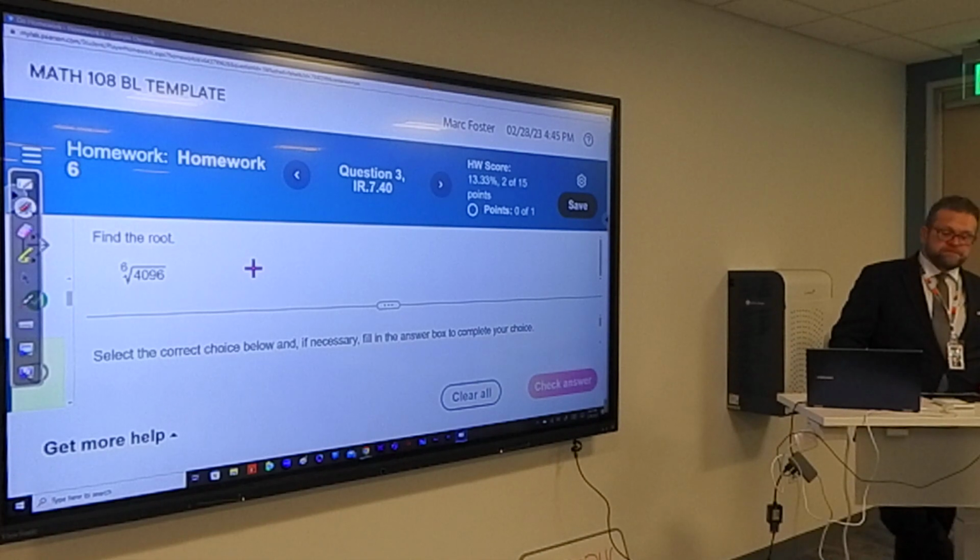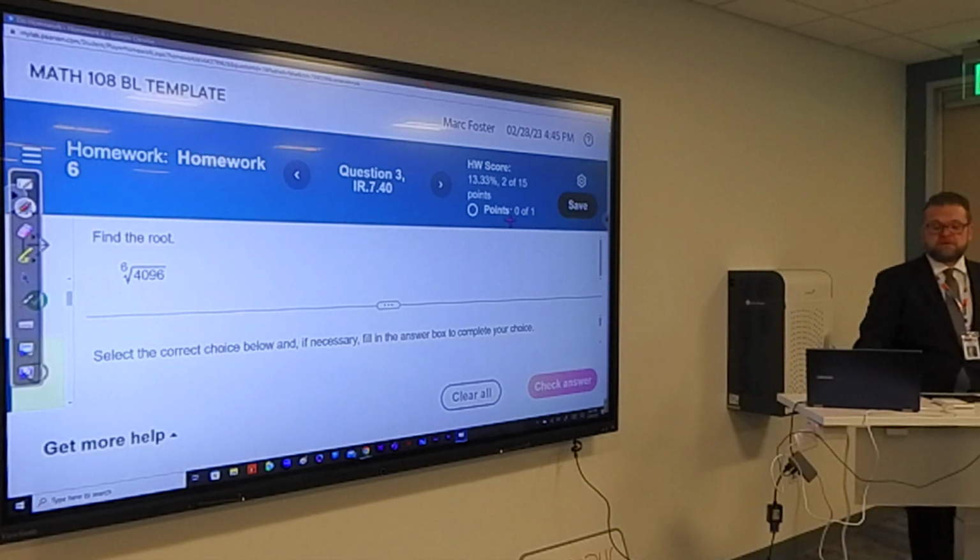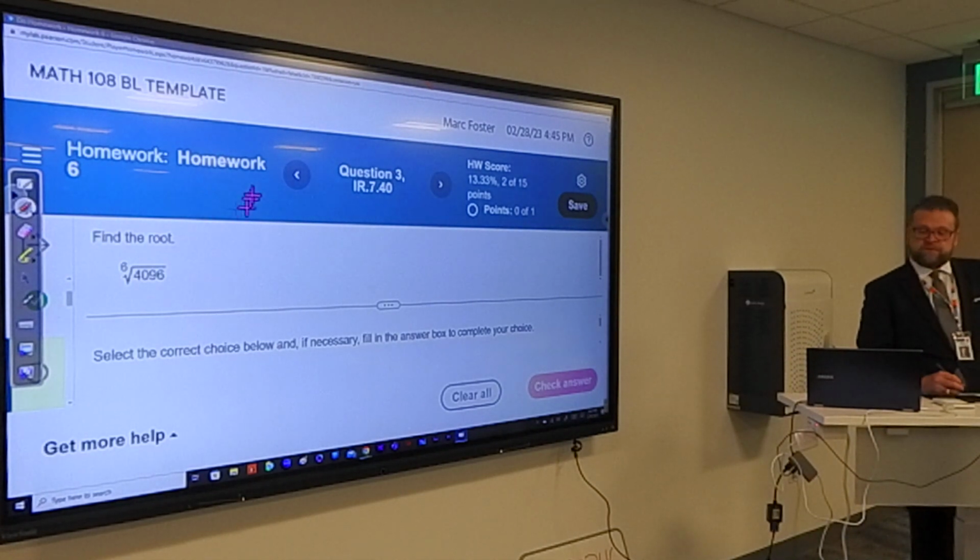Is this divisible by 3? No. It's not divisible by 9 either. But it's even. So it's divisible by 2. So you can start peeling off 2's. This would be 2 times 2048.